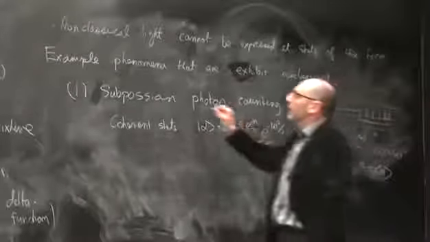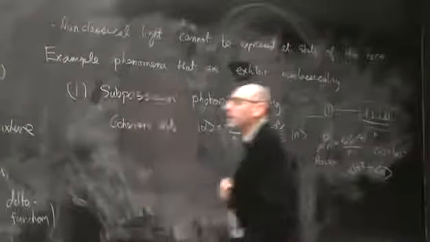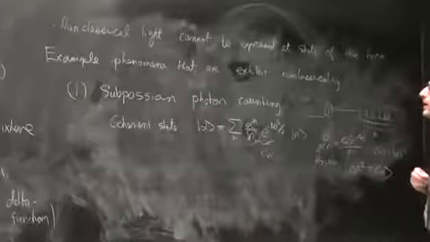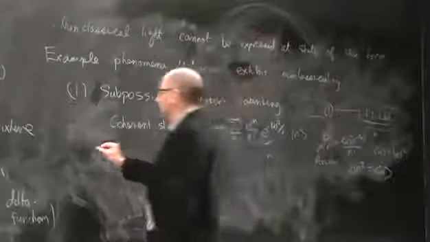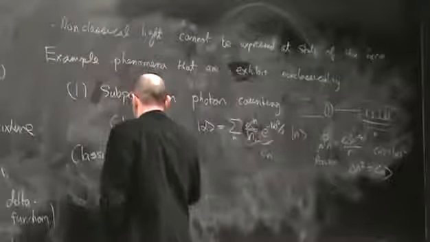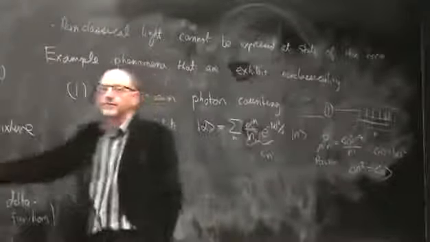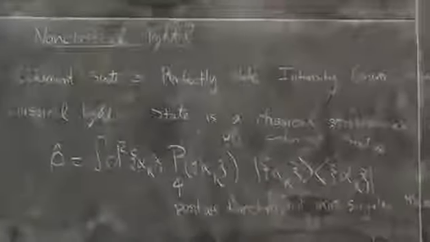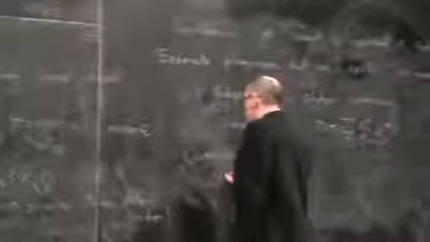But what is the general situation? Well, if we have classical light, meaning that the state is of this form, then we can calculate what the fluctuation in the photon number is. Let's review that.